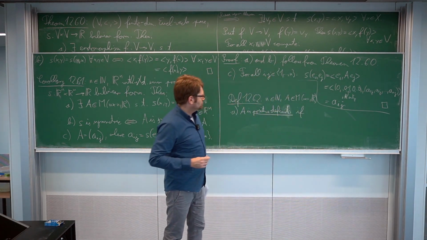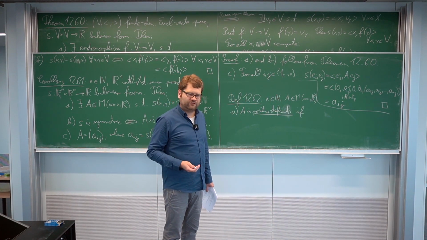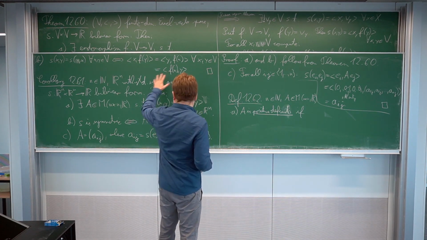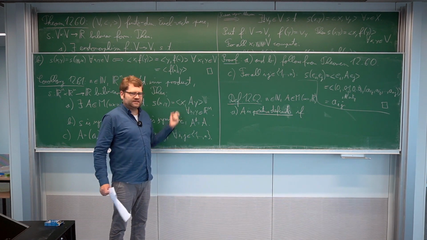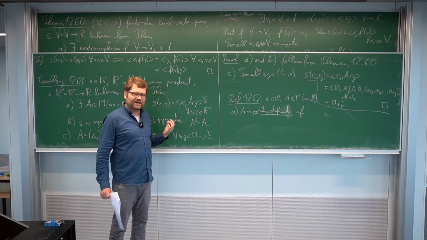So what we now do is we take a look at the associated bilinear form, which is given by this expression here. And I want to say that this is positive definite as a bilinear form.